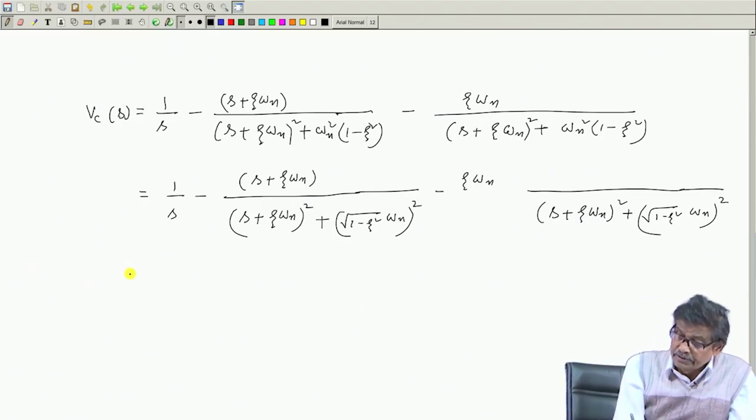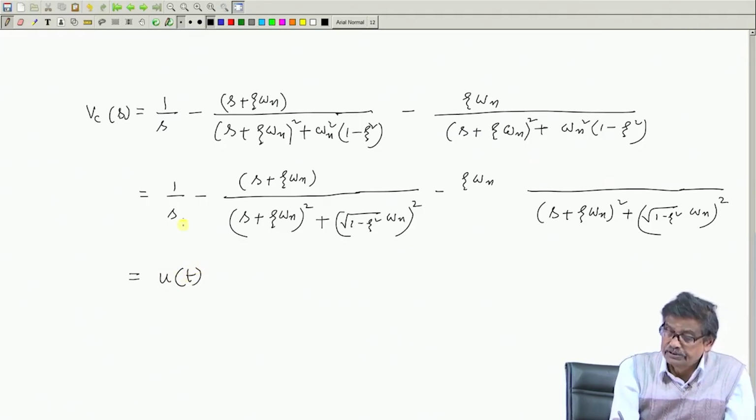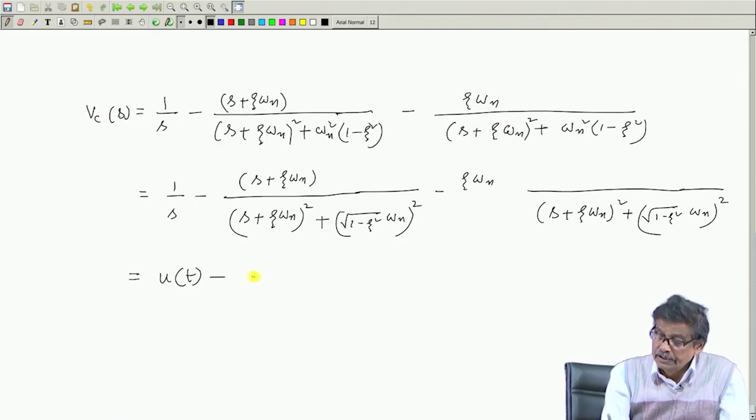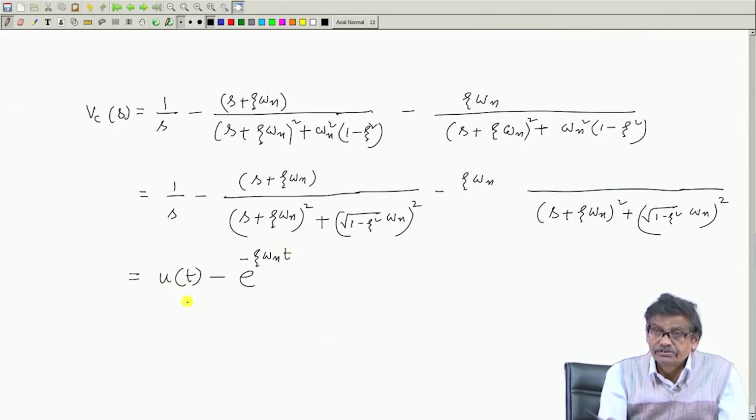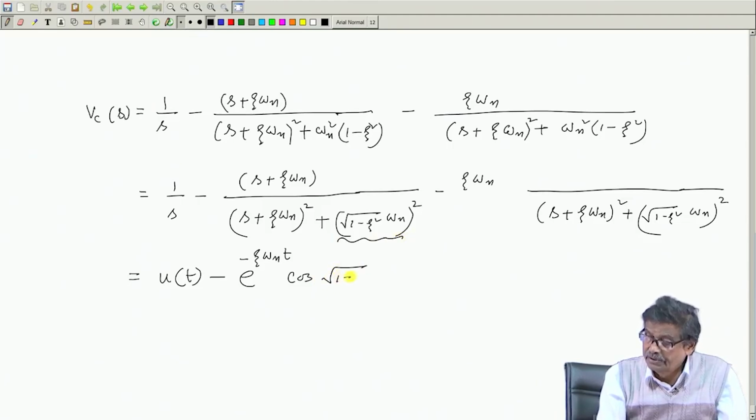So far as this term is concerned, the Laplace inverse is u(t) straight away, and this term is already fixed now. It will be e to the power minus zeta omega n t cos, because s is also on the top, cos of root over 1 minus zeta square into omega n into t.